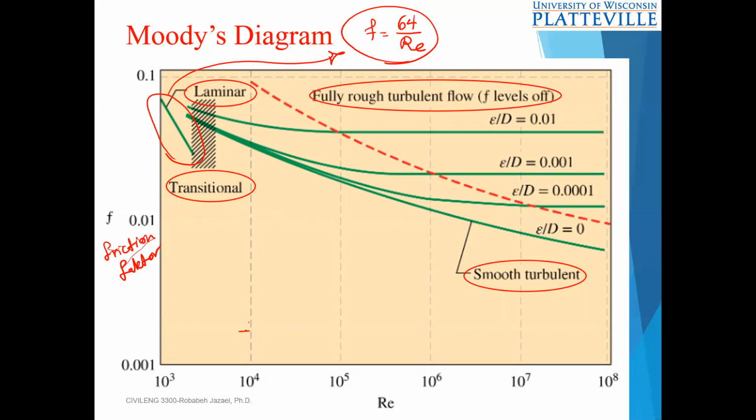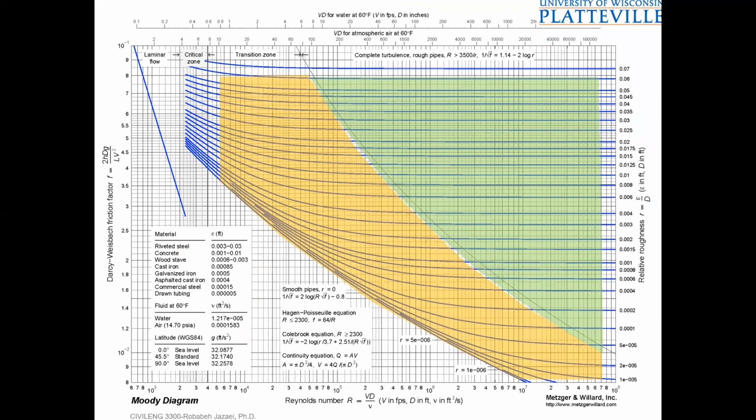All right, let's look at the real Moody's diagram. Here is the Moody's diagram, so it's a lot going on. That's why first I showed you a big picture of what we have in Moody's diagram. In the x-axis you have Reynolds number, and in the y-axis you have friction factor.